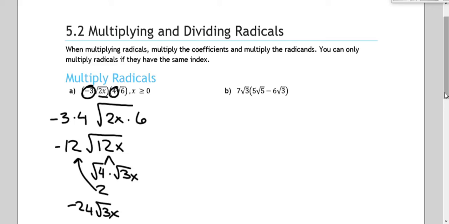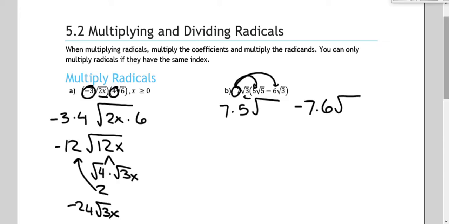Something like this is a little trickier, but all you have to do is apply slowly. So this 7 applies here and here. So 7 multiplied by 5 root, and then minus 7 multiplied by 6 root, and then root 3 multiplied by root 5, so 3 multiplied by 5, and 3 multiplied by 3.